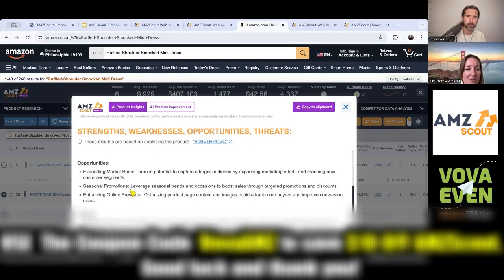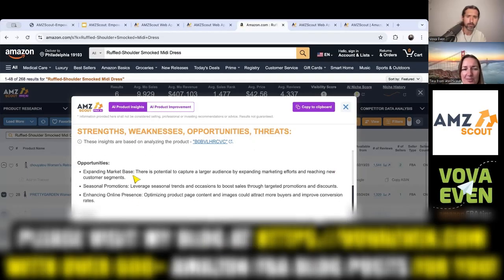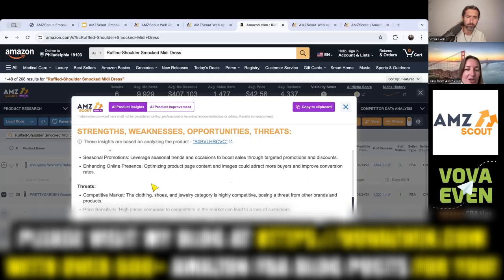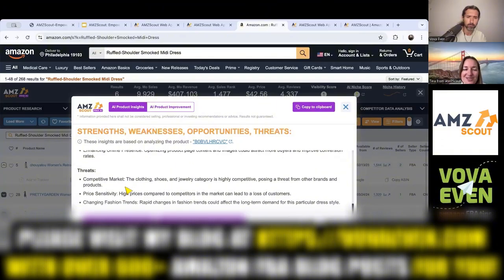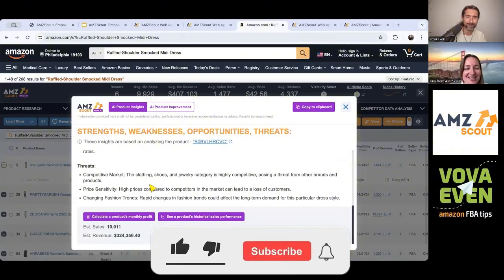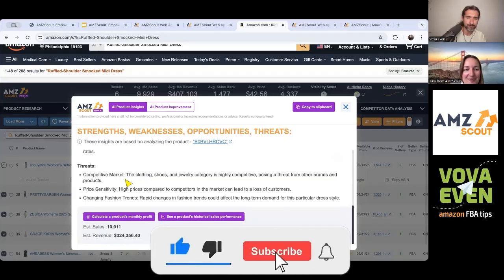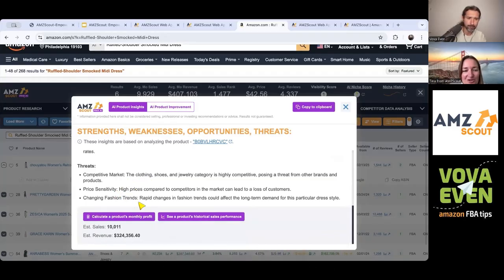The opportunities, well, expanding market base, seasonal promotions. Yeah, that's a good one. Leverage seasonal trends, enhancing online presence, optimize product page content, images, and the threats. Competitive market. Well, obviously, the market is competitive for dresses. I think it's always been like that. The price sensitivity. Well, yeah, changing fashion trends. Yeah, we know it can be really big, like changes.